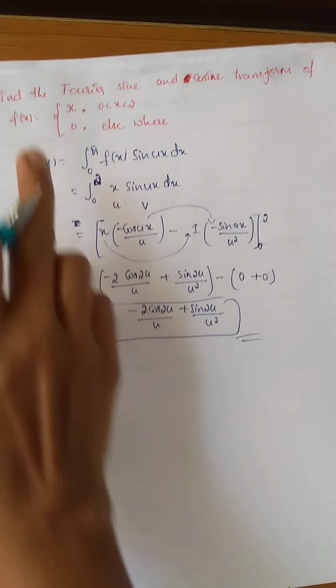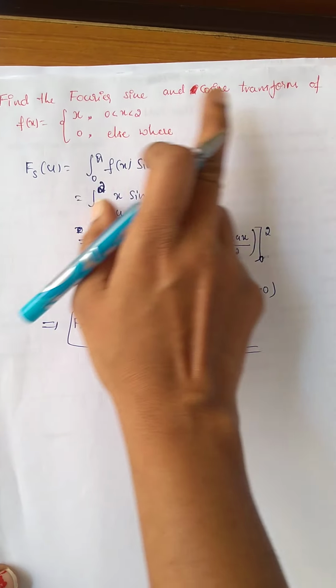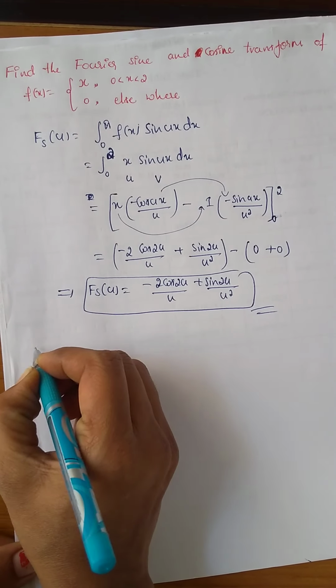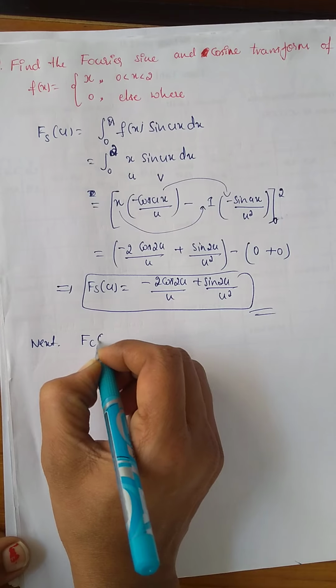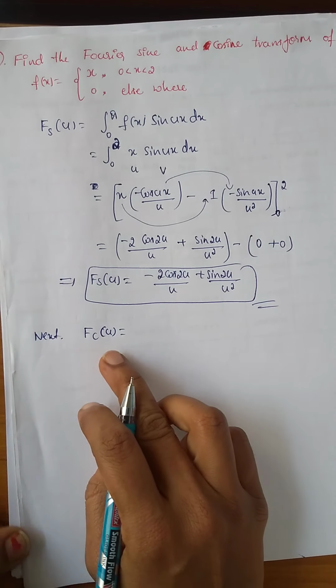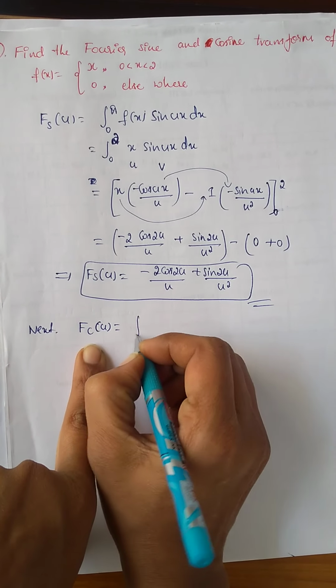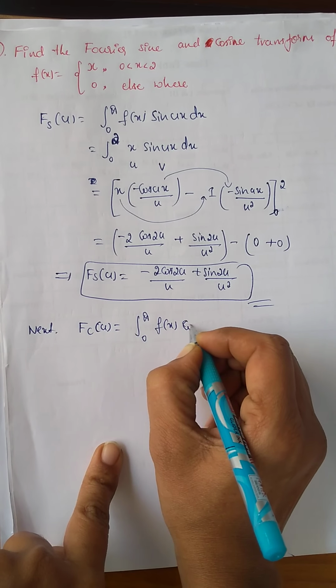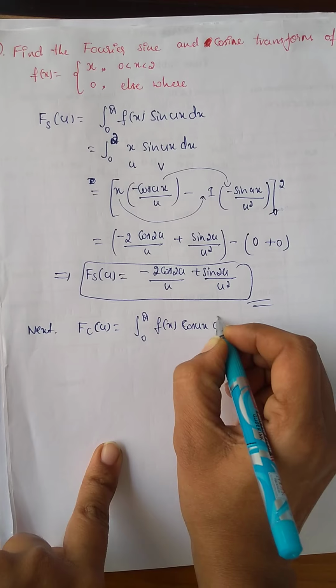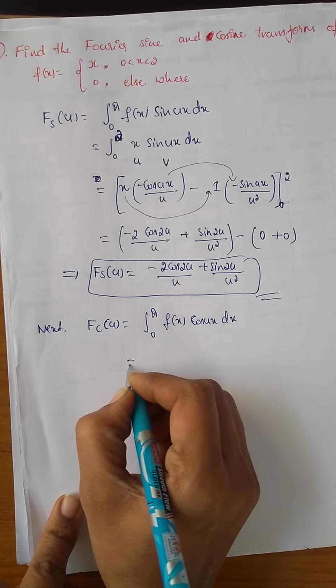The same question asks us to find the Fourier cosine transform. So next I consider the Fourier cosine transform formula. The Fourier cosine transform, represented by Fc of u, is equal to the integral from 0 to infinity of f of x cos ux dx.